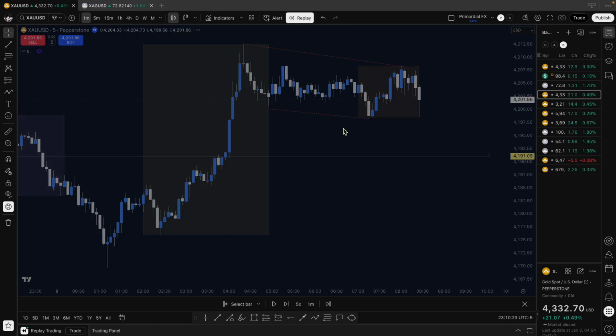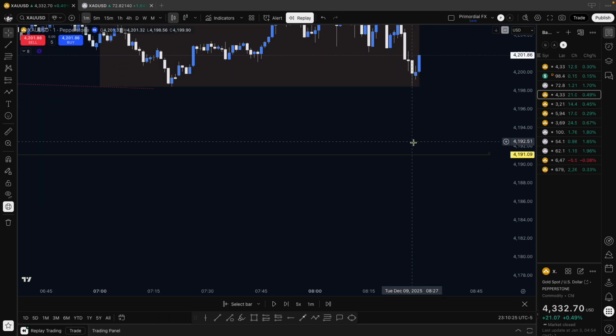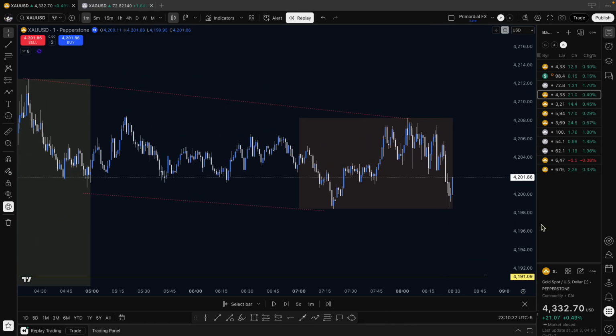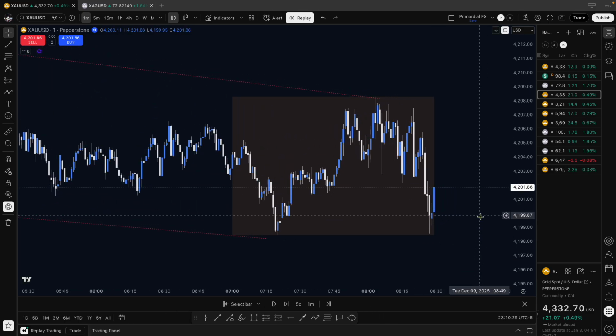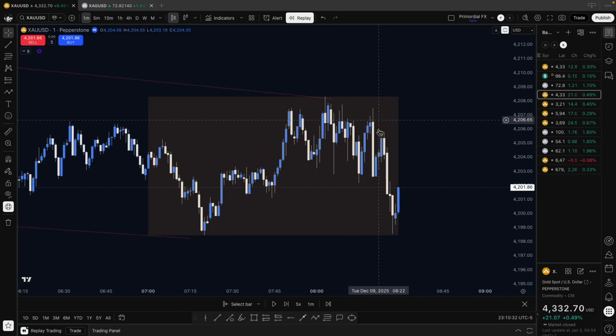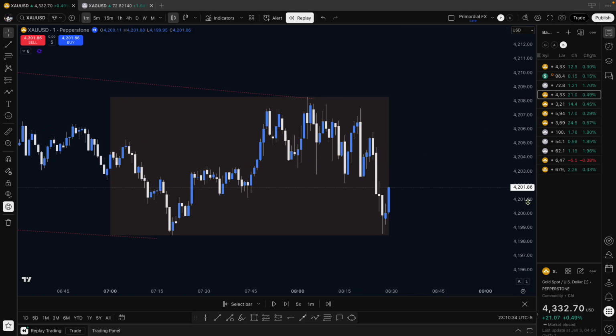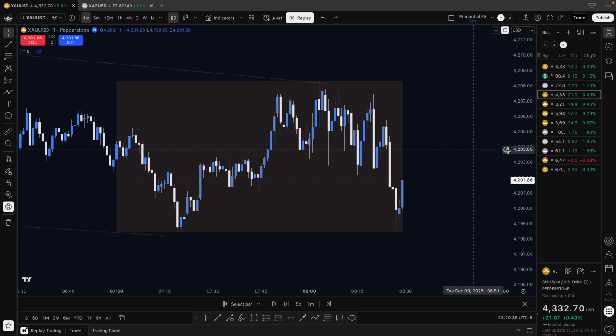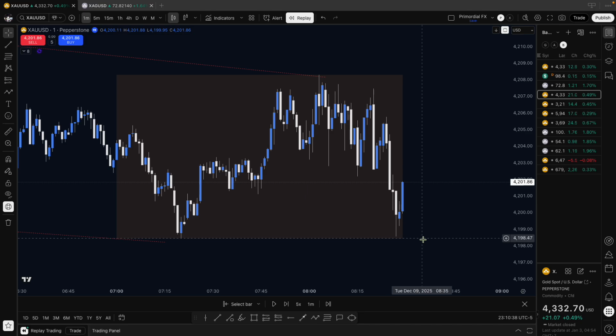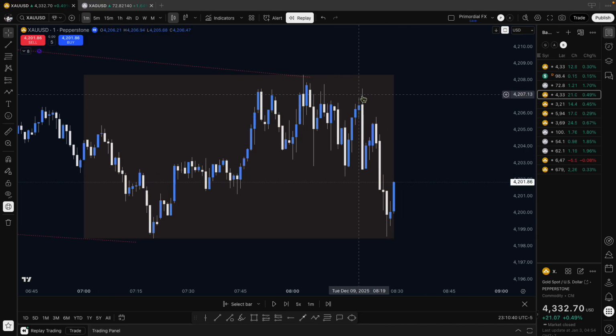So we go on the 1 minute, right? If we go on the 1 minute, we can see that this is clearly a change in state of delivery, it's a change in order flow, right? We can see that price came here, displaced lower, retraced, and displaced lower, right?